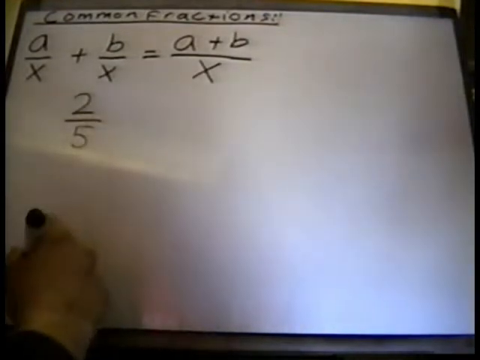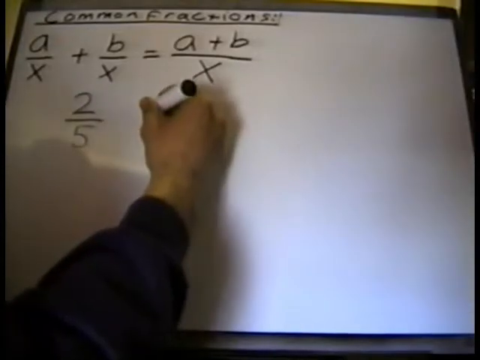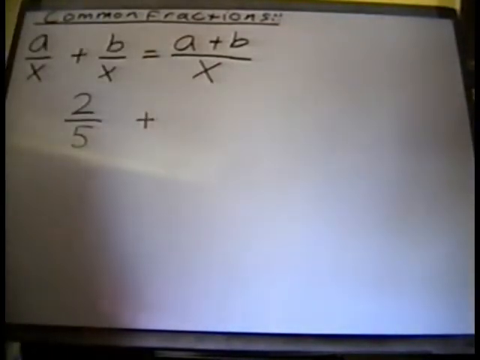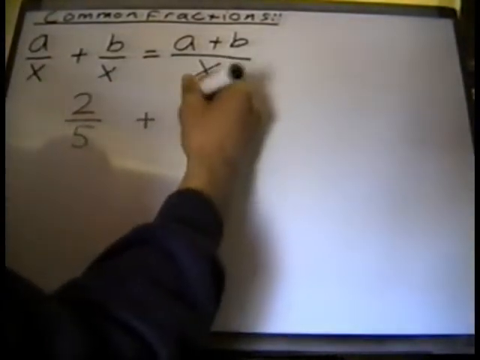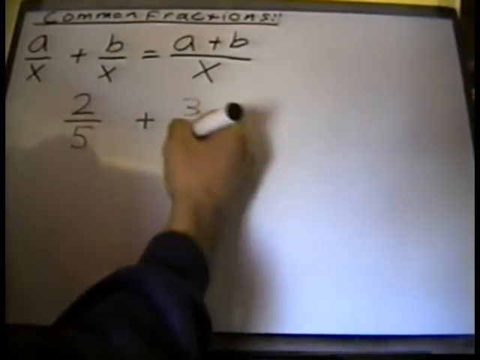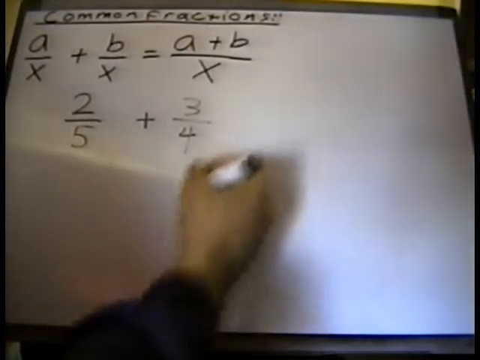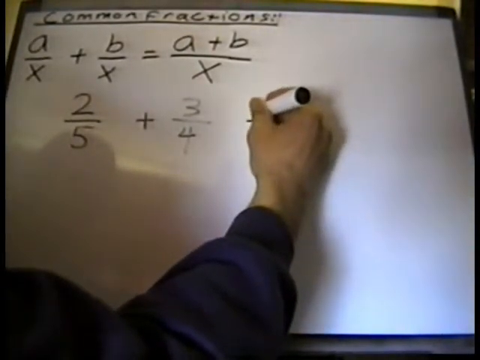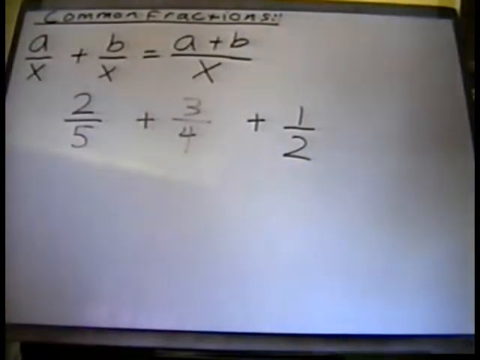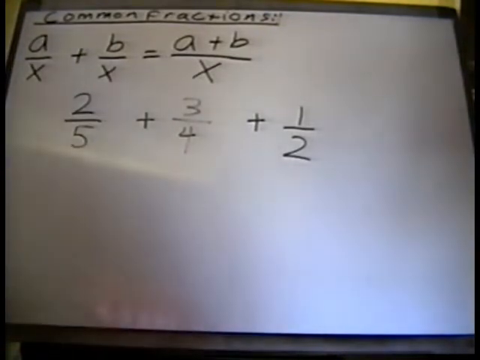Now we're going to add 2/5 plus 3/4 plus 1/2. I'm going to add these. Now, neither one of these have like denominators.